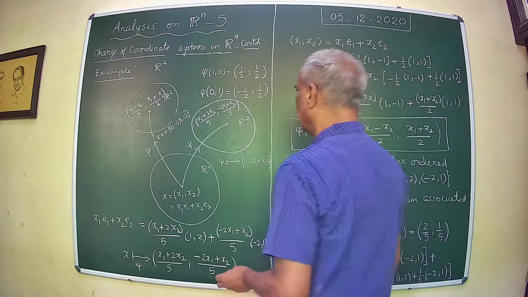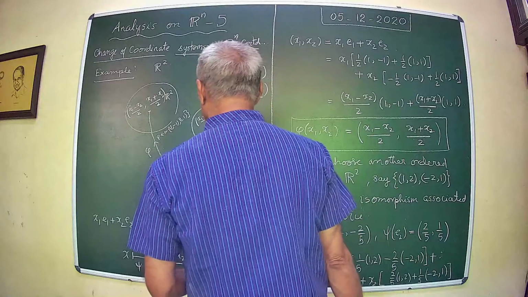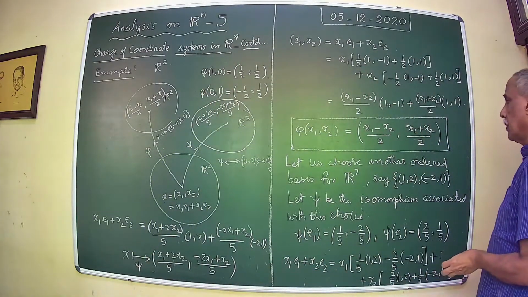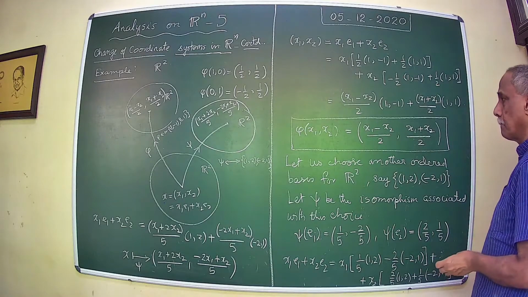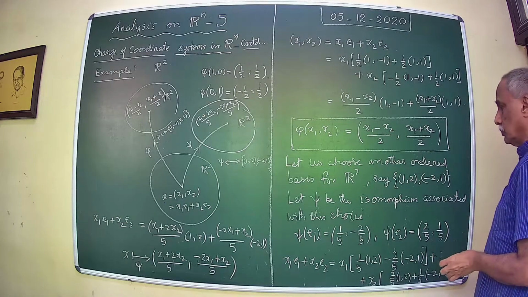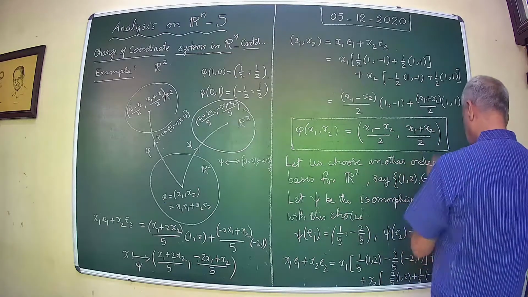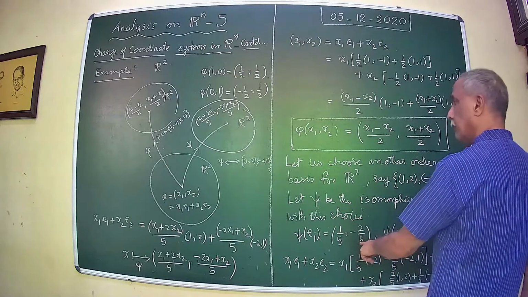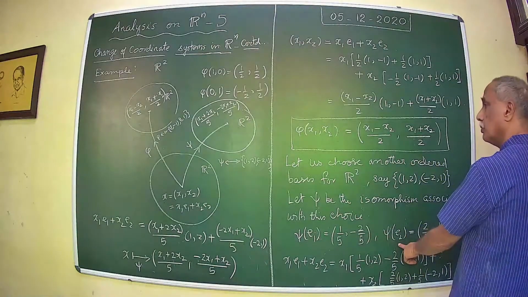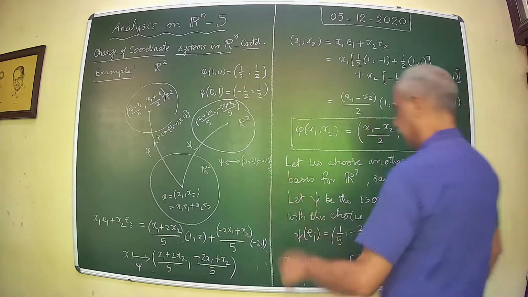You get 1/5, -2/5, and then psi of E2 equal to (2/5, 1/5). So that is checked.